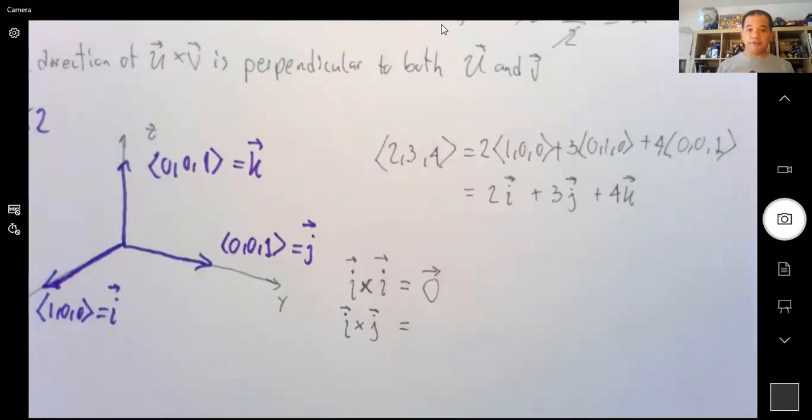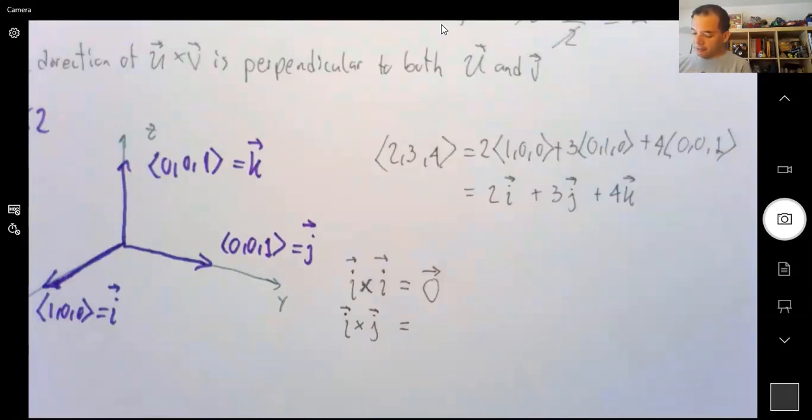This is an easy one this time, right? Maybe k. Yeah, it points in the k direction. So I can't really show it to you, but if I go from i to j, then I'm pointing precisely in the z direction. So the direction is the direction of k.